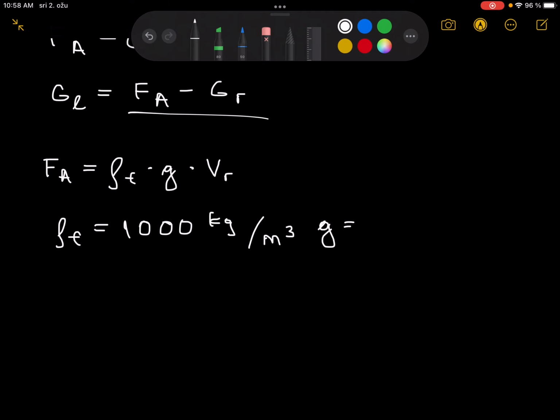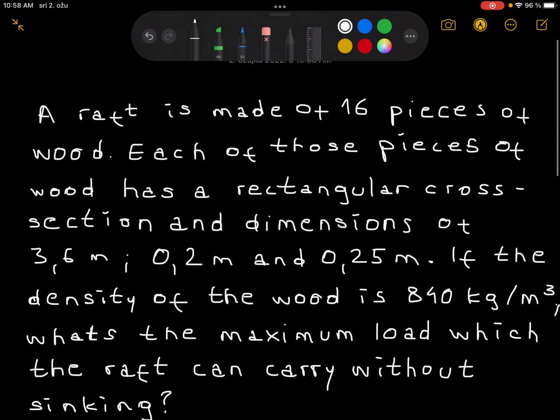G is Earth's gravitational acceleration, or 9.81 meters per second squared. And how do we calculate the volume of the raft? Well, the volume of the raft is equal to 16 times the volume of one of its pieces. Why times 16? Because there are 16 pieces.